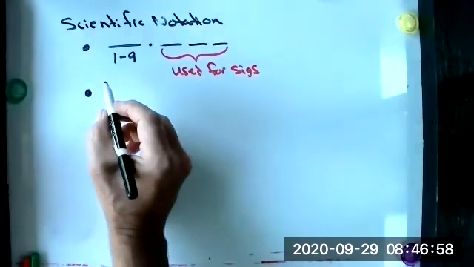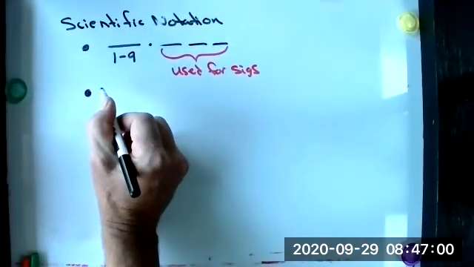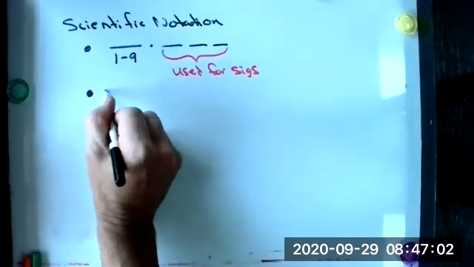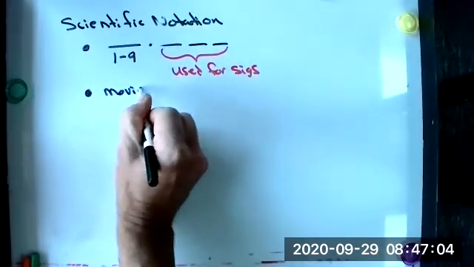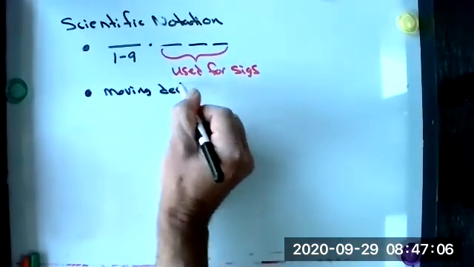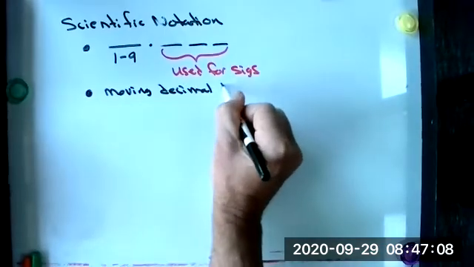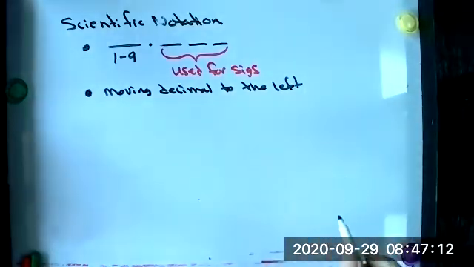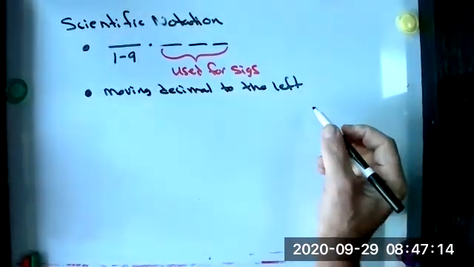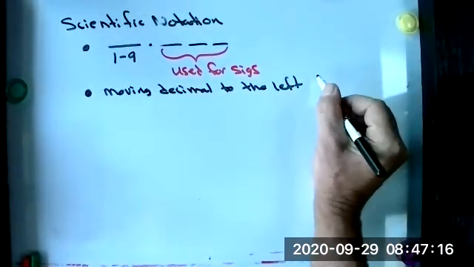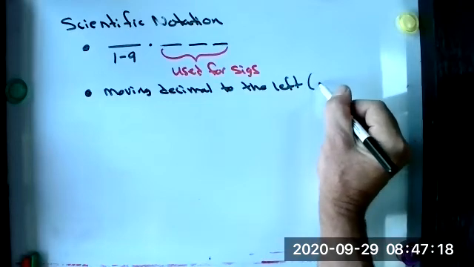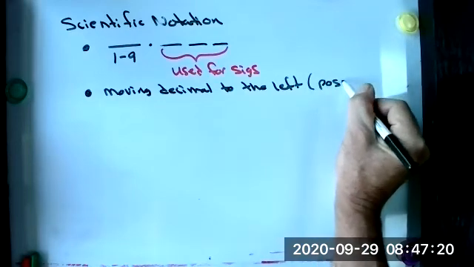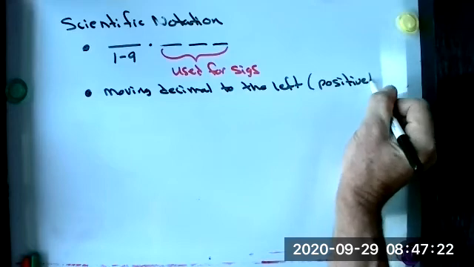Rule number 2. If the decimal is going to the left, so moving the decimal to the left, you're going to create a power of 10 that's positive. Positive.